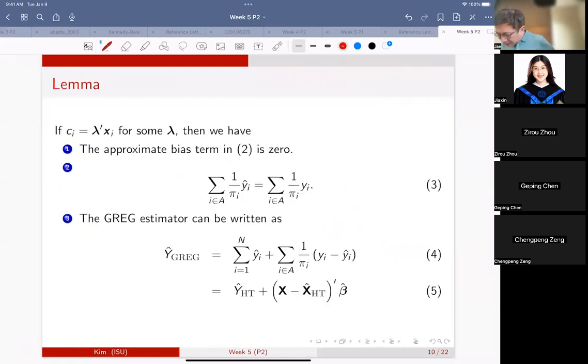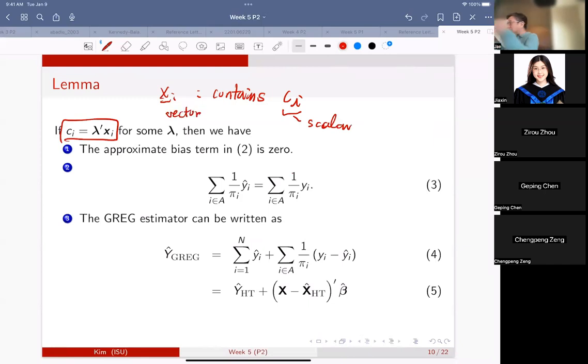So the condition is this one: c_i is x_i prime lambda. What do I mean by that? It means x_i contains c_i. c_i is a scalar, and x_i is a vector.